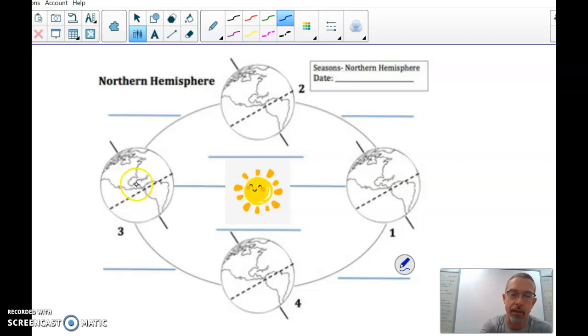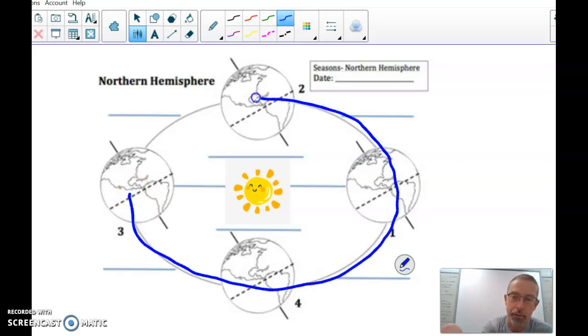In the time that it takes to travel around the sun, the Earth is going to undergo a little bit more than 365 rotations. So one revolution is going to equal a little bit more than 365 rotations.